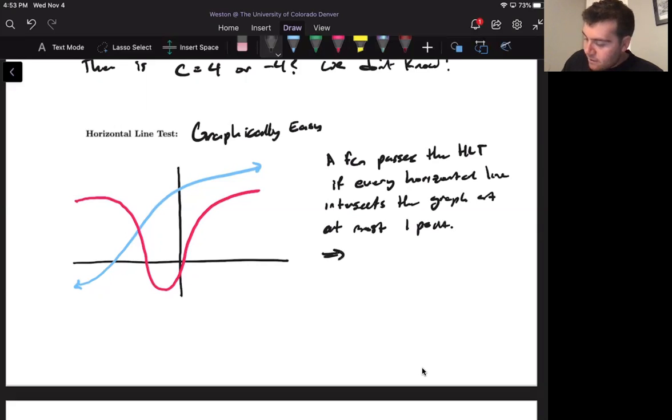And if it passes, that implies that it's one-to-one.